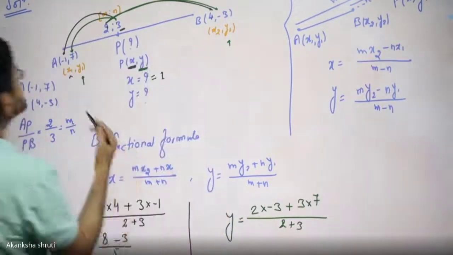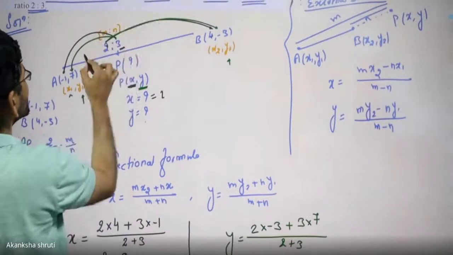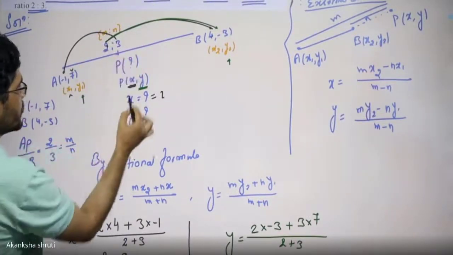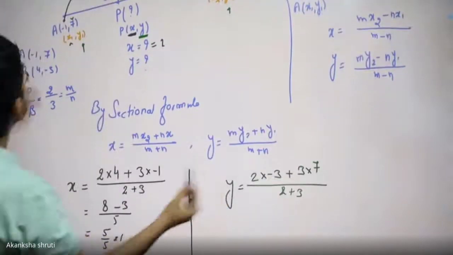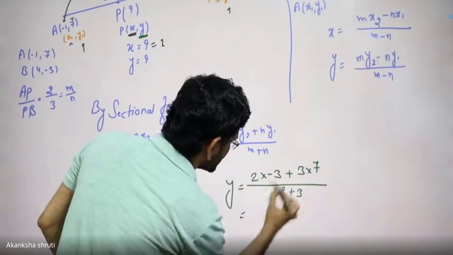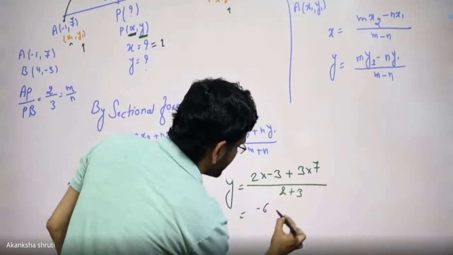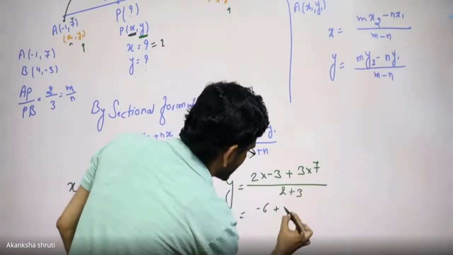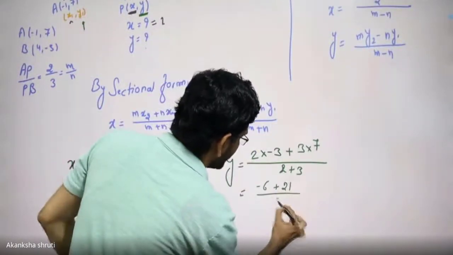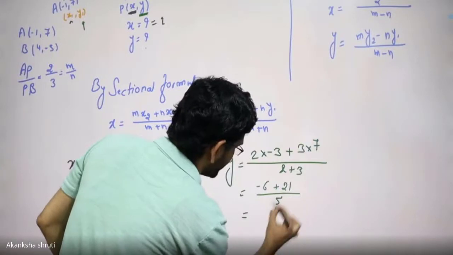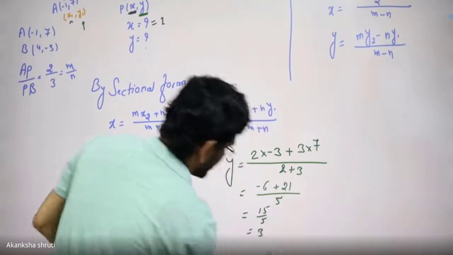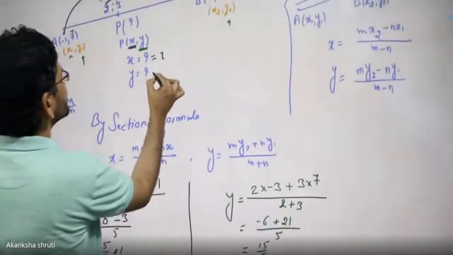That's all. This is how we write the x coordinate and y coordinate for this unknown point. Students, just simplify this. We get 2 threes are -6 plus 7 threes are 21, divided by 5. It becomes 15 by 5, which is 3. What we have obtained is the value of y.